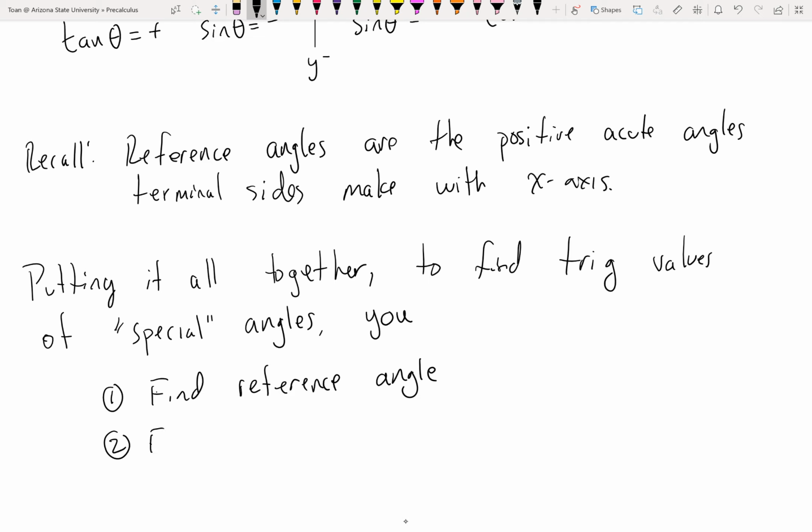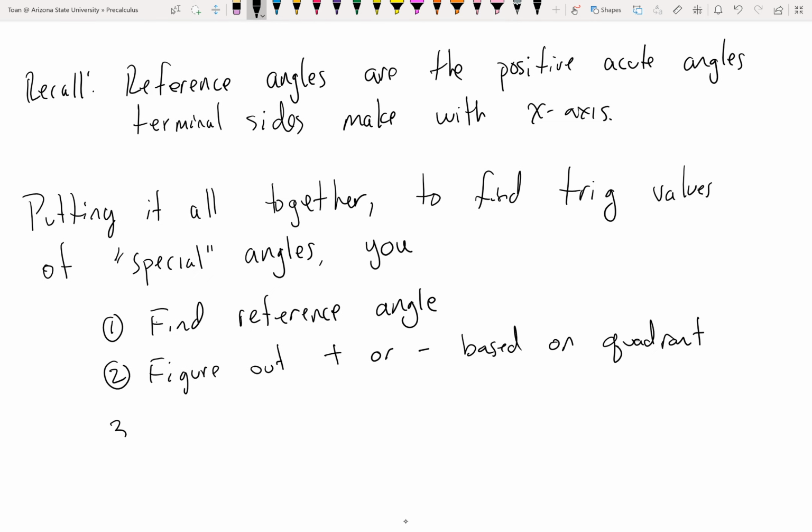Step 2, figure out positive or negative based on your quadrants. And step 3, find the actual trig value using special triangles.